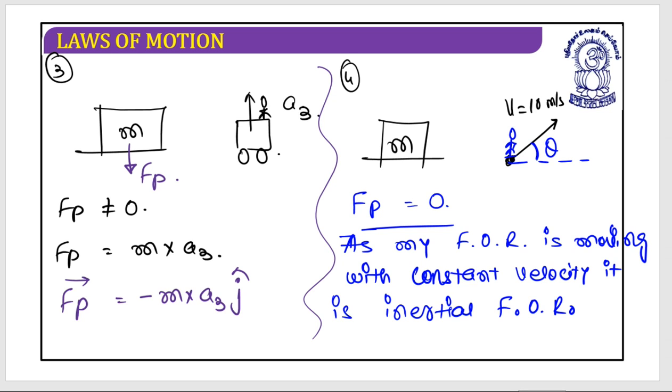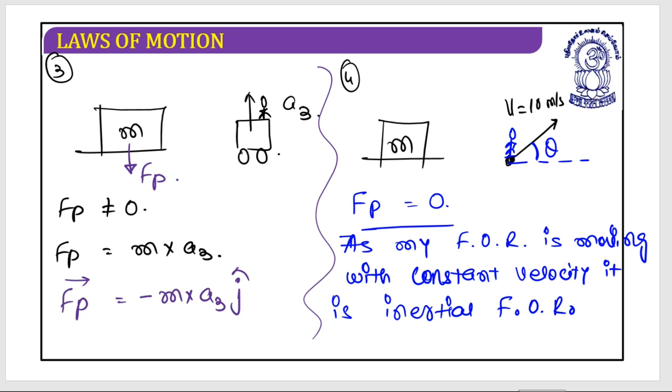Now if you are taking your observations from a frame of reference which is moving accelerated or retarded, then you need to apply a pseudo force. In which direction will the pseudo force apply? It will apply in the opposite direction of the direction of motion.